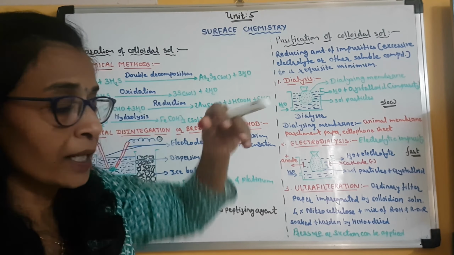That process is known as purification. Again I repeat, purification of colloidal sol is the process of reducing the amount of impurities to a requisite minimum. These impurities can be excessive electrolyte or other soluble compounds. Now there are 3 techniques to purify the colloid.